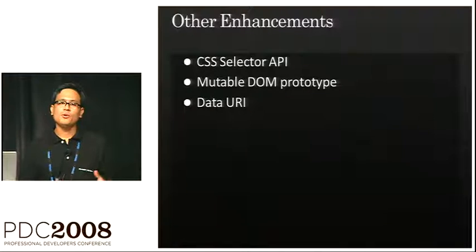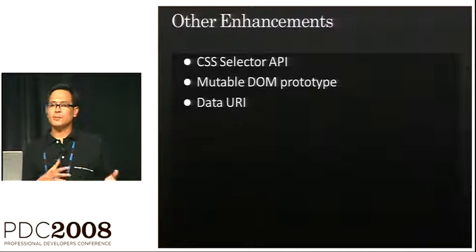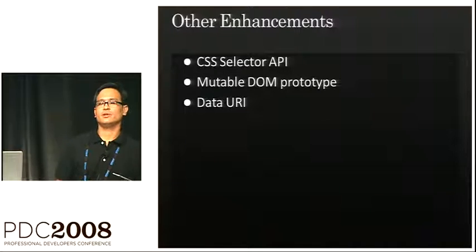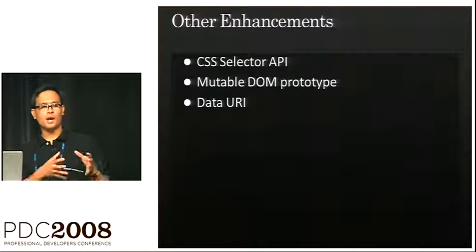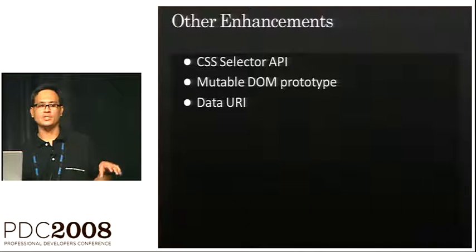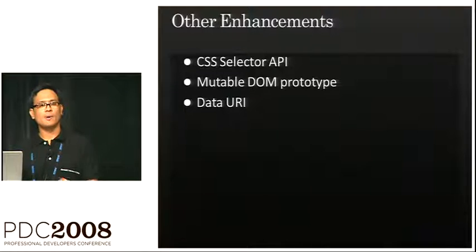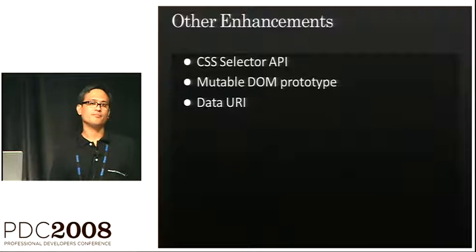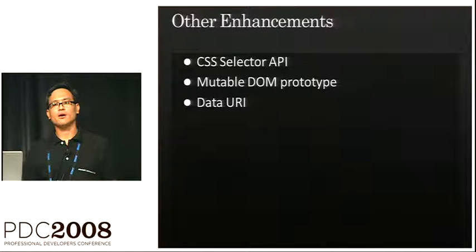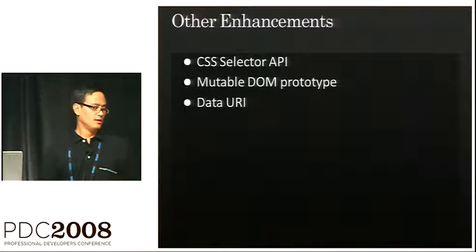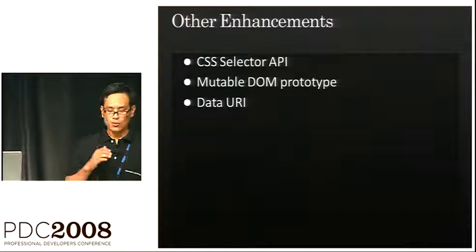The data URI is one thing that you can make use of if you have small resources. In this case, you can embed those resources in the HTML page itself, and you can refer to it using a data URI. It might save you a network round trip time. So depending on how you have built your web application, these are some of the things that you might want to explore further.